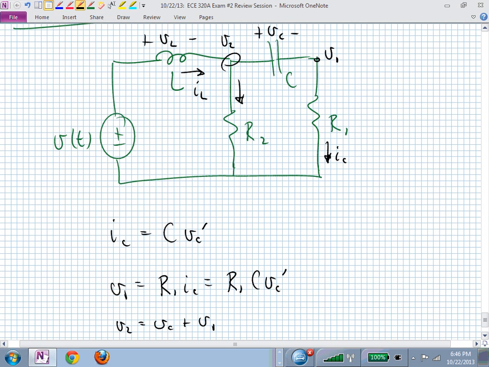And we now have that in terms of V sub C and its derivatives. This is now V sub C plus R1 C V sub C prime. And now we can get I sub R sub 2. Is this making sense? So we're working our way back to the source from the right-hand side in terms of effectively the capacitor voltage and the inductor currents.